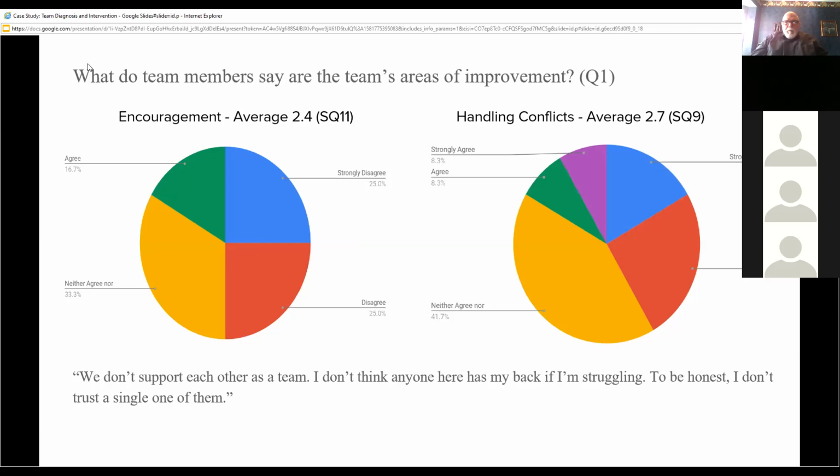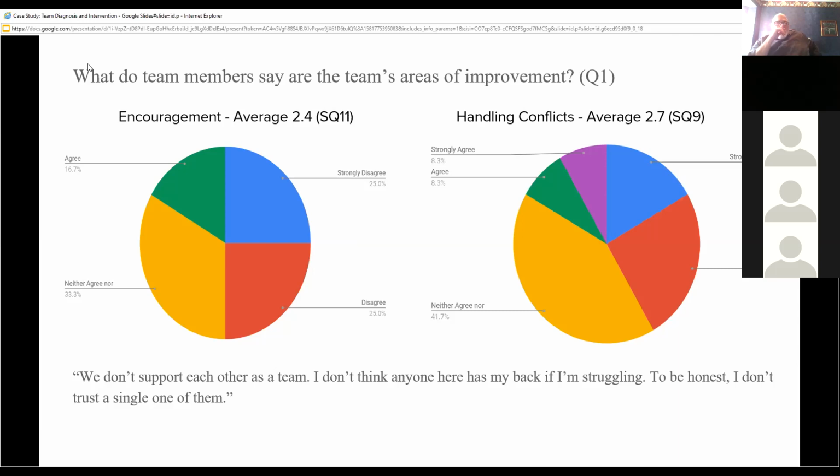And then that one outlier that agreed, as Dr. Lamb mentioned, we definitely know that is John. And then we go to survey question number 9. Once again, in the pie chart, you can notice that disagree, strongly disagree, as well as the neither agree nor disagree takes up the majority of the area for improvement for this team.